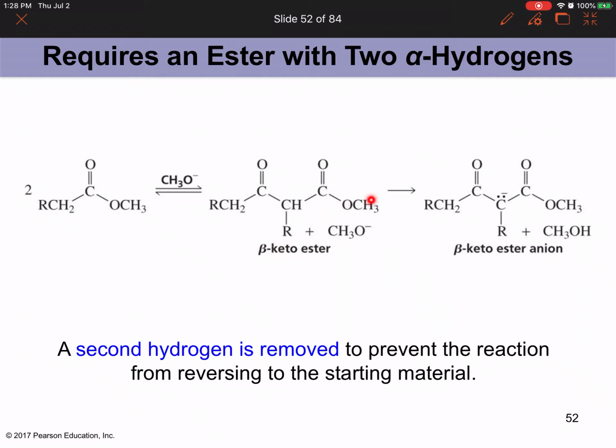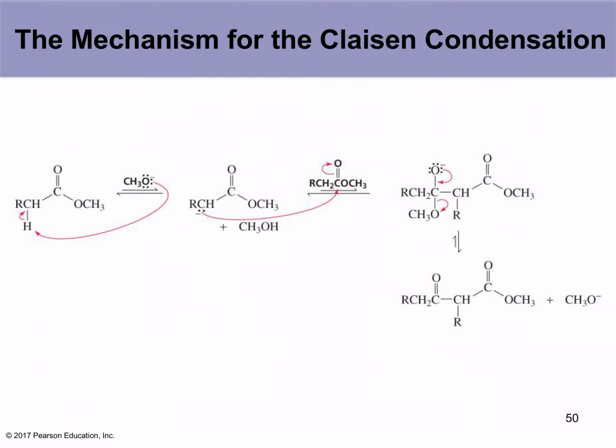now this can form a beta keto ester anion, because you see here in this process, remember we are losing a methoxide ion. If you remember the process, you can see here at the very end in this part over here, to form the keto functional group, the carbonyl group, you are losing a methoxide.